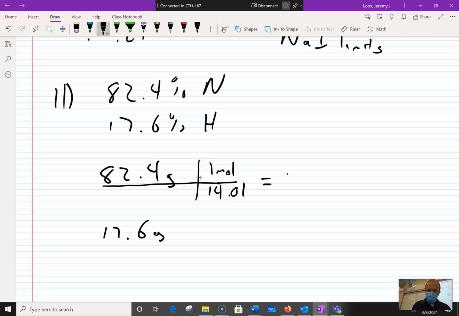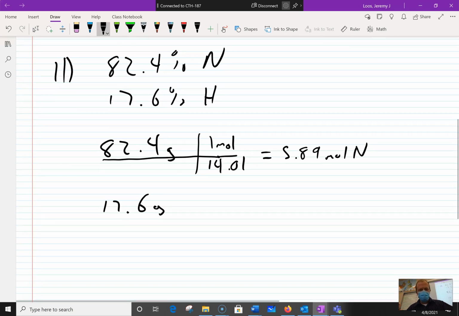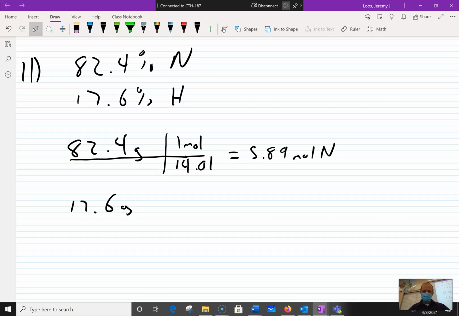The reason for that is that the diatomicness only applies to literally the element nitrogen, like what comprises almost 80% of the air in this room. These are nitrogen atoms that are in a compound. So in this type of situation, where we're not dealing with a chemical reaction, we're not dealing with the element nitrogen, we should just use the normal mass, not the diatomic mass.